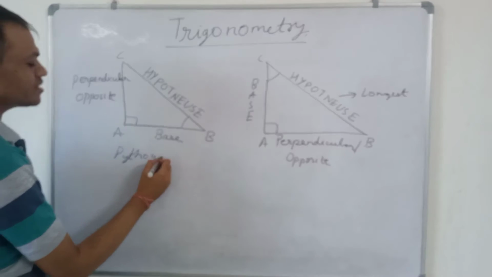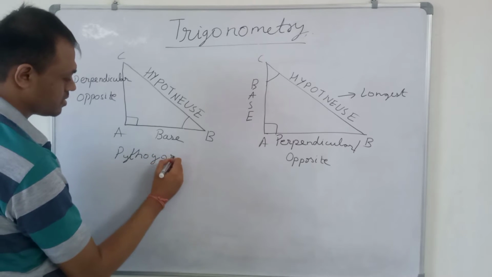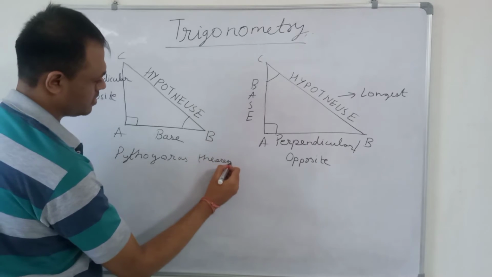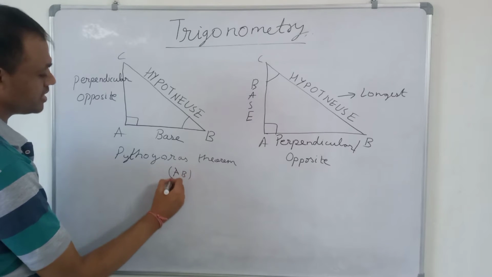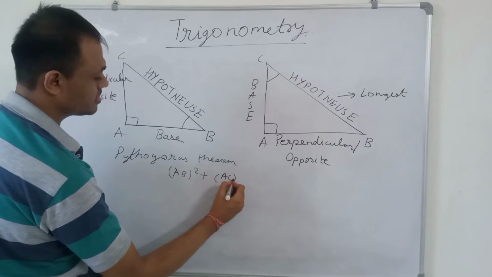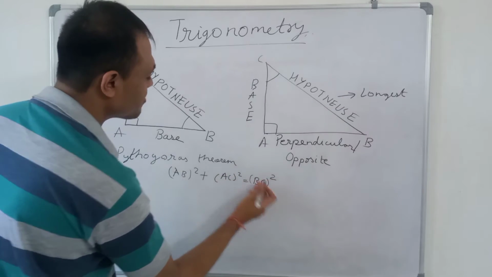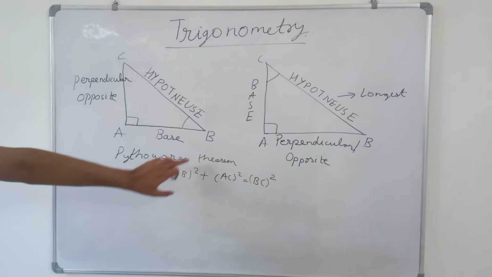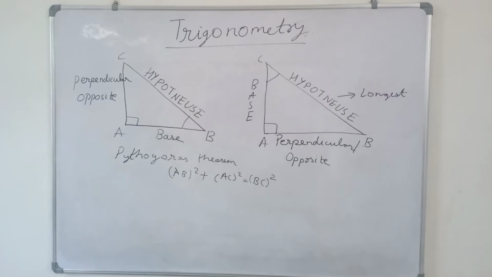We know that by Pythagoras theorem, AB square plus AC square is equal to BC square. This we have already studied in previous classes. So base square plus perpendicular square is equal to hypotenuse square.